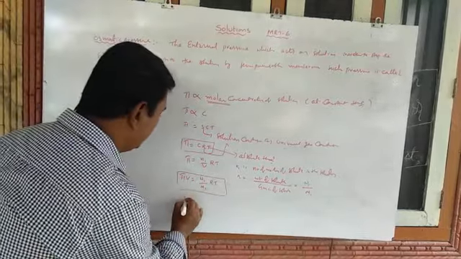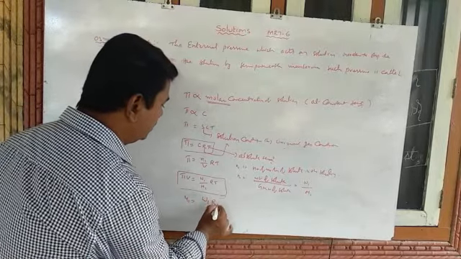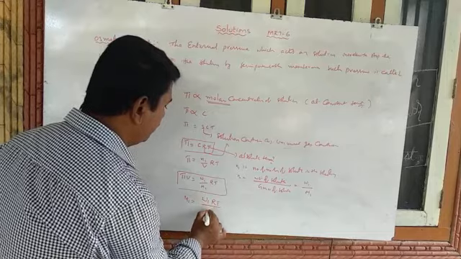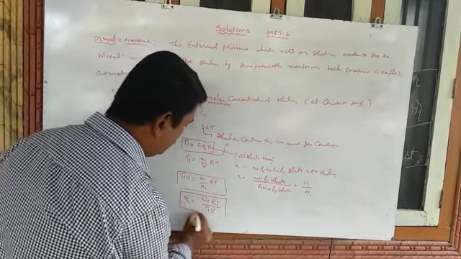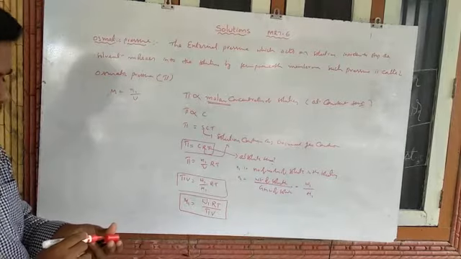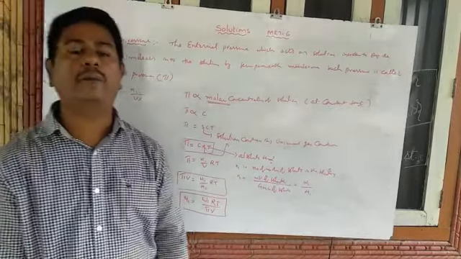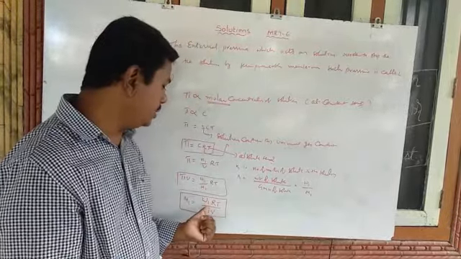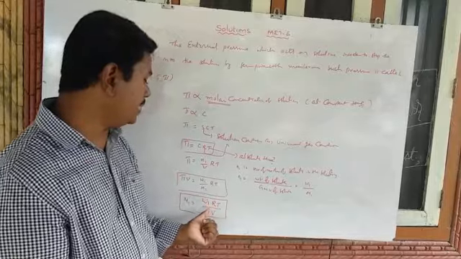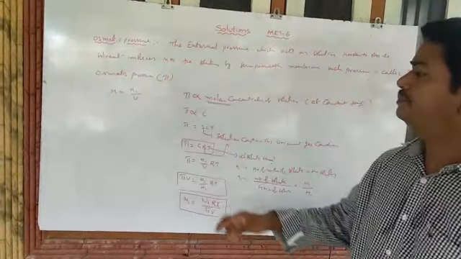So M1 equals W1 RT by pi V. So from the osmotic pressure, we can easily calculate the unknown gram molecular weight of the solute. Clear?